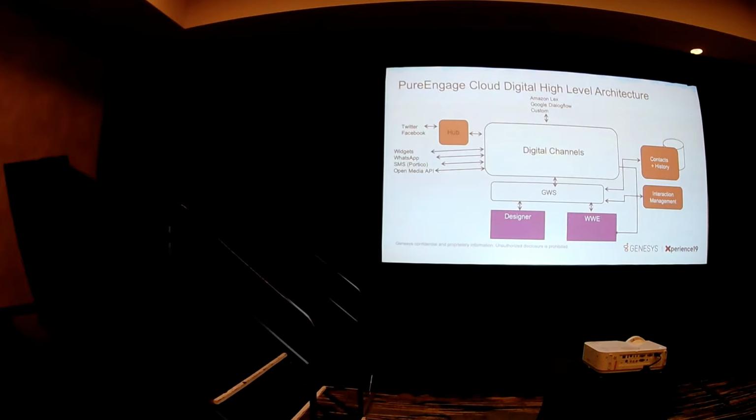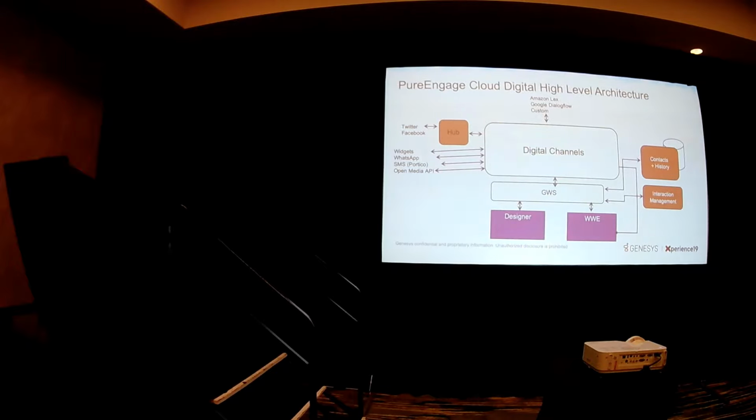Okay, so this is the architecture. Definitely not an engineer. So what you see is a big box in the center of how we handle the digital channels. What's coming into it, we've got Twitter, Facebook coming in through the hub. You're probably familiar with that if you're dealing with social. And then on the side, we've got APIs to widgets, WhatsApp, SMS, and Open Media API.